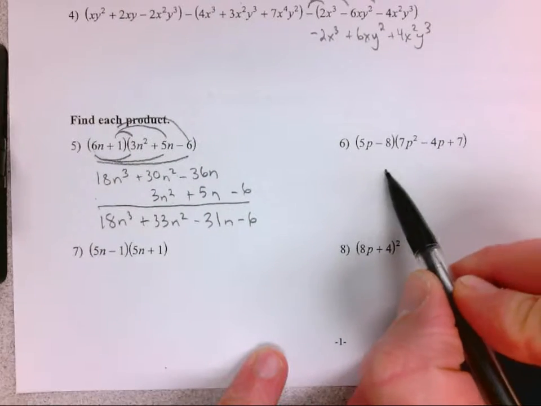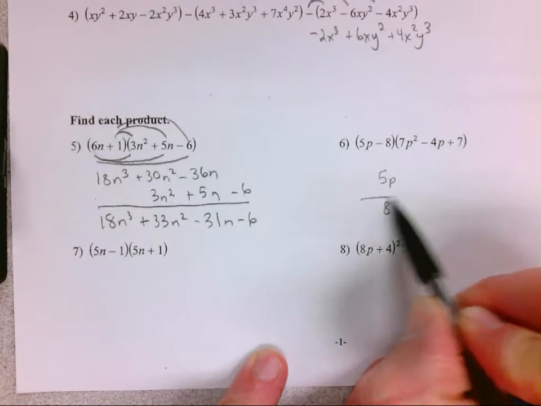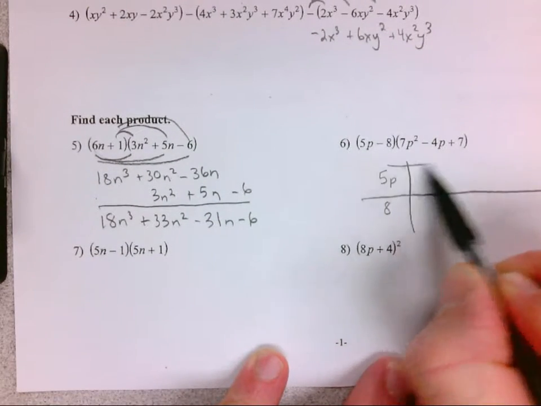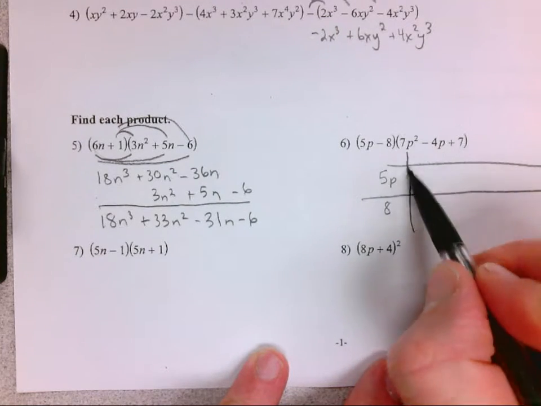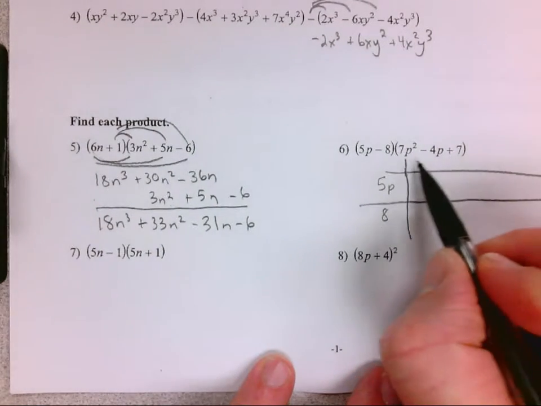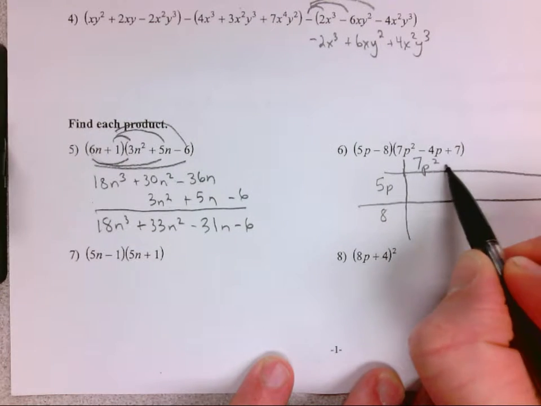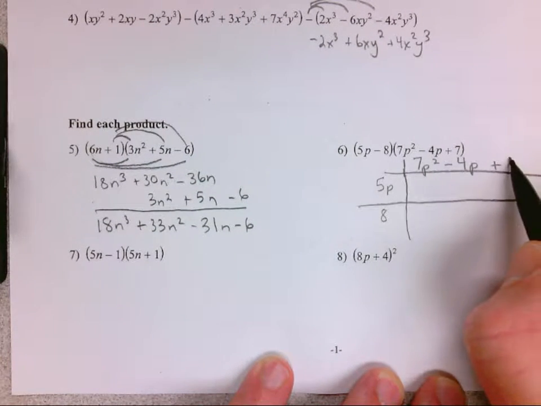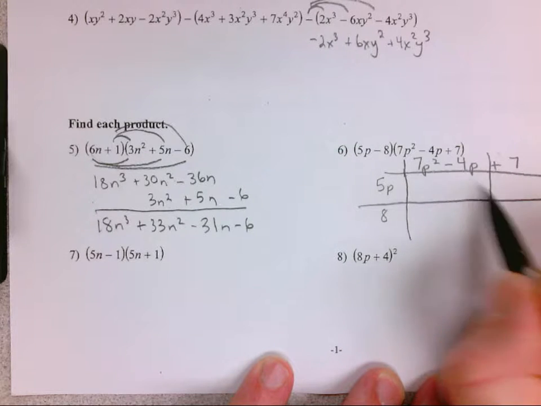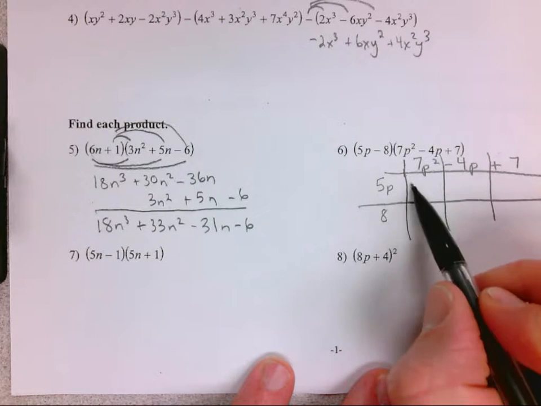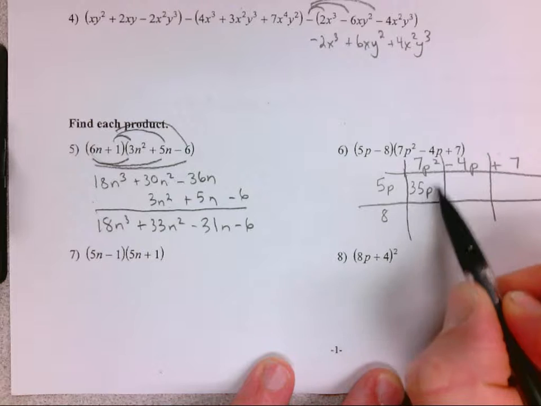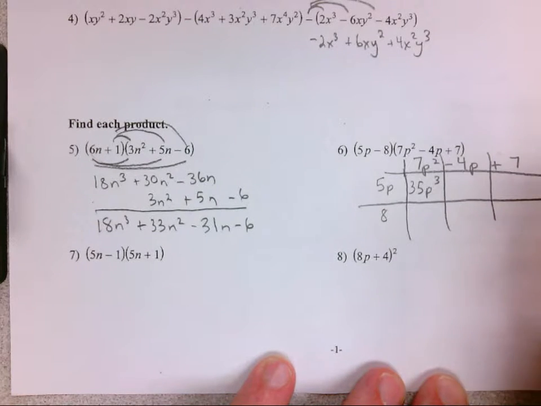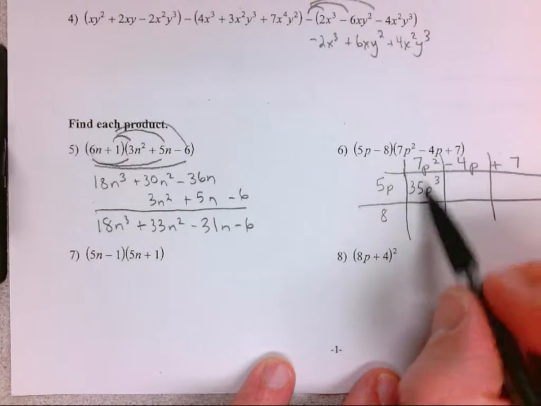I'll show you this one using the lattice method if you prefer that. Some people are doing it that way. So you just write your polynomials. It really works better with a 3 by 3 than a 2 by 3, but basically you're just writing your numbers in here, and this gives you your like terms on the diagonal.